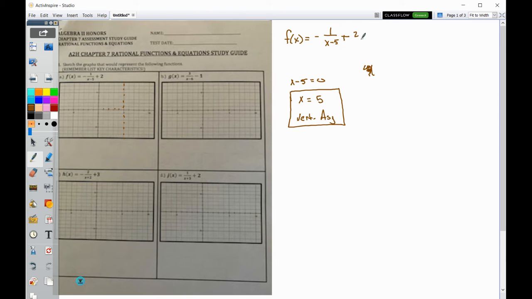But since we have this plus 2 afterwards, it's going to be 2. So y equals 2 is going to be my horizontal asymptote. Here we go, y equals 2, on the y-axis at 2.